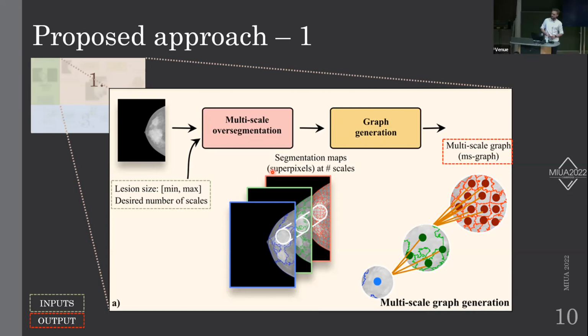I didn't speak about the trade-off in this presentation. I use a formula which was explained in other papers, based on the anatomical range, in millimeters, of the abnormalities we can find in the breast.